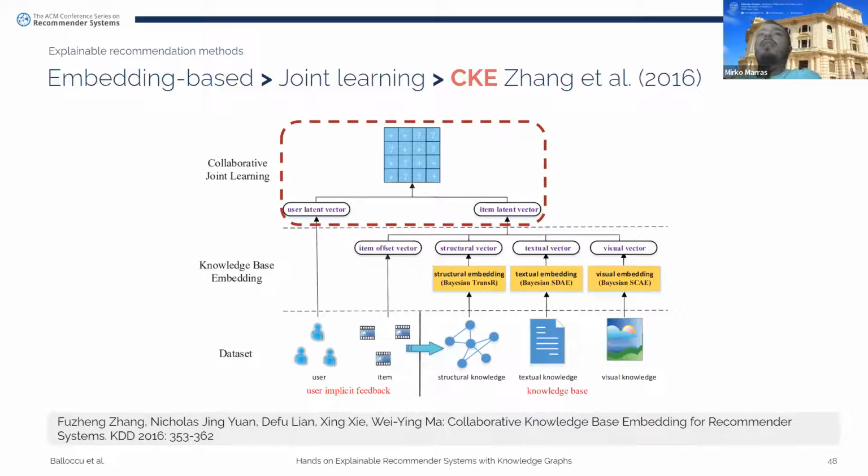And finally, these vectors are used for a collaborative filtering strategy by optimizing the pairwise ranking between items to learn about user latent vectors and item latent vectors. And the final recommendations are generated from these user latent vectors and item latent vectors as usual, as what we usually do in collaborative filtering.